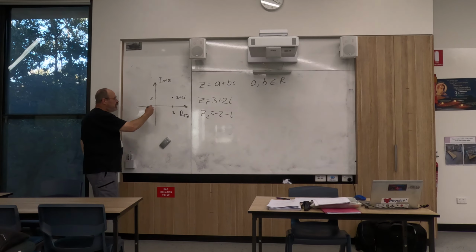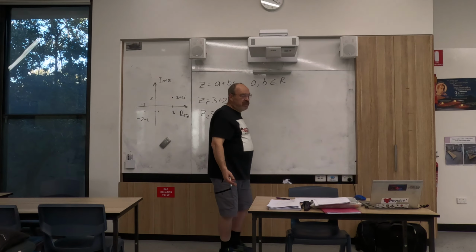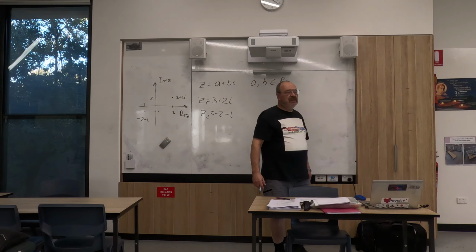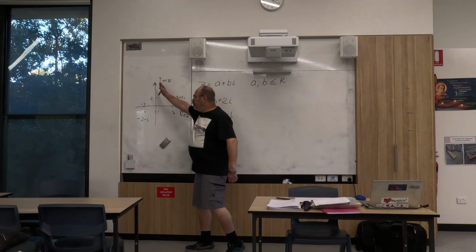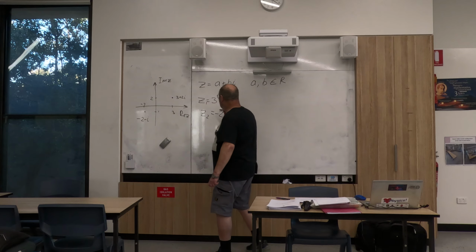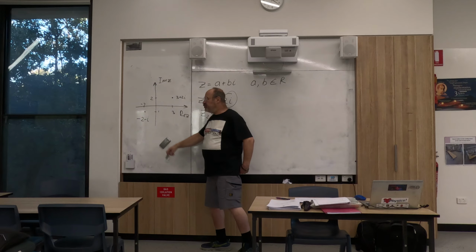Minus 2, minus 1: this will be minus 2 minus i. Yes, they're two-dimensional. i is always the y-axis. This is the imaginary part, and this is the real part.